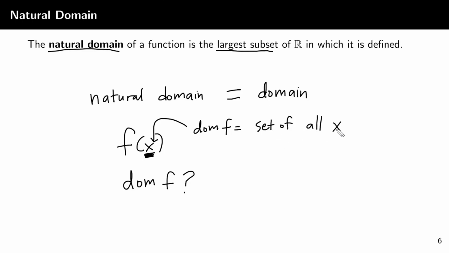So set of all allowable x. Okay. So what are the cases when the function is not defined? So kung meron siyang denominator, hindi dapat maging 0 yung denominator. So that's an example. Okay, but let's look at some examples. So kailangan defined yung function.